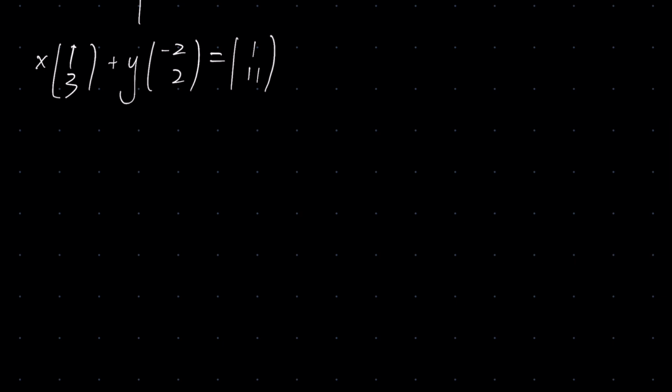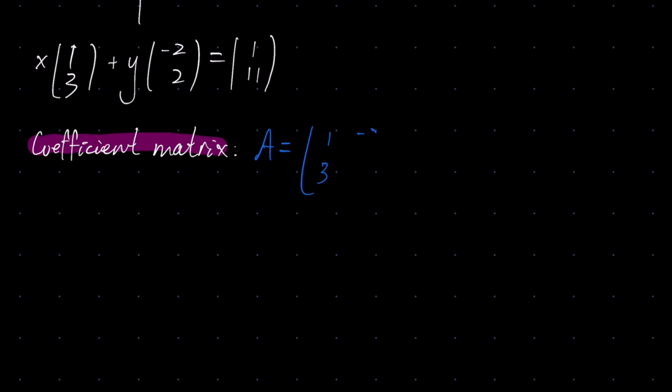Our coefficient matrix, which is a name that you might want to remember, we define as A, or you can call it any name you want, being the column vectors stored in this matrix. So we have (1, 3) and (-2, 2). This is column 1 and this is column 2. And we call these vectors the column vectors, or the columns of matrix A.